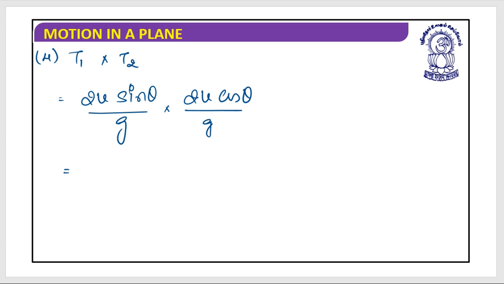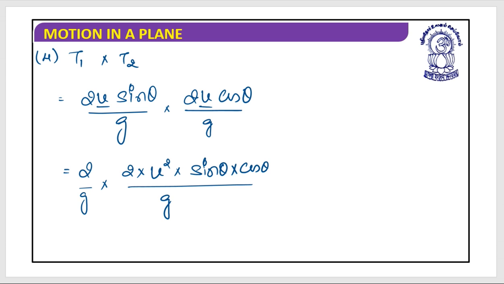I hope you remember this because it is sine of 90 minus theta. Now let's rearrange this: it is 2 divided by g multiplied by u square, multiplied by sine theta into cos theta divided by g. Now tell me, what is this? Yes, this is 2 into u square into sine theta into cos theta divided by g, which is 2 into R divided by g. Please remember this, it is T1 into T2 in this case.